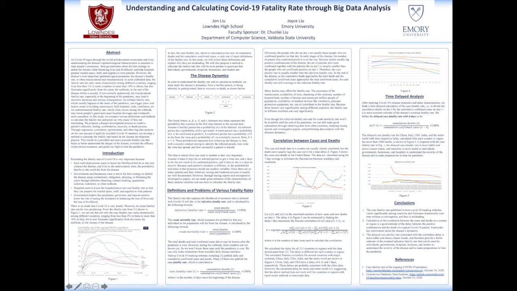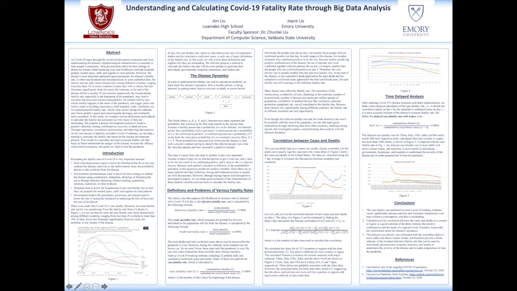Here is a graph of that, with the delay on the x-axis and the correlation on the y-axis, where we found the optimal correlation for each country. We can see that the US has a correlation at about 6 or 7 days, and Italy is around 7 to 8 days.